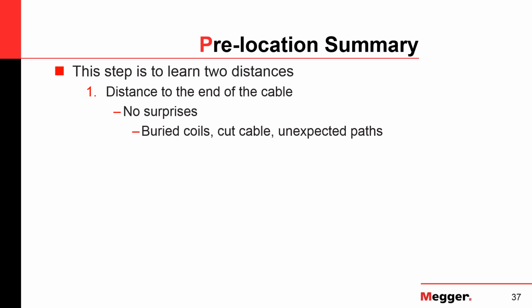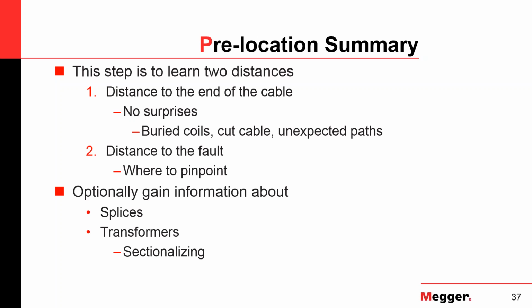So with the distance to the end of the cable, what you pretty much want to do is eliminate any awkward situations, surprises. You really want to know what type of fault you are dealing with. By using the arc reflection methods, you will get a distance to the fault. So it will actually tell you the fault is this far out from where you are.